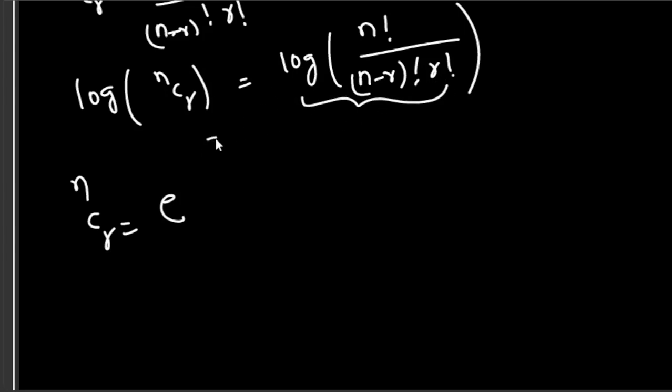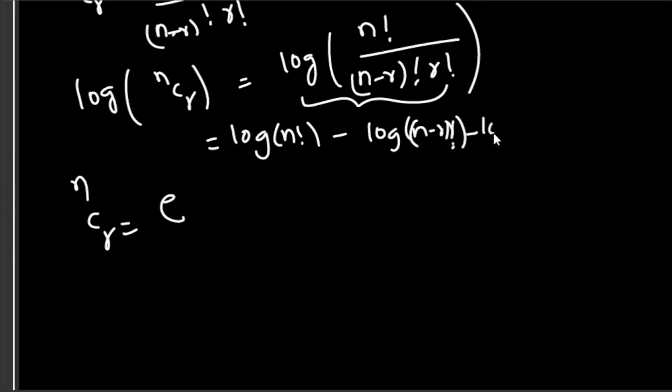This term we can simplify further: log n factorial minus log n minus r factorial minus log r factorial. If you know the formula log a by b equals log a minus log b, you can understand this. You can just refer to that if you forgot. That's no problem.